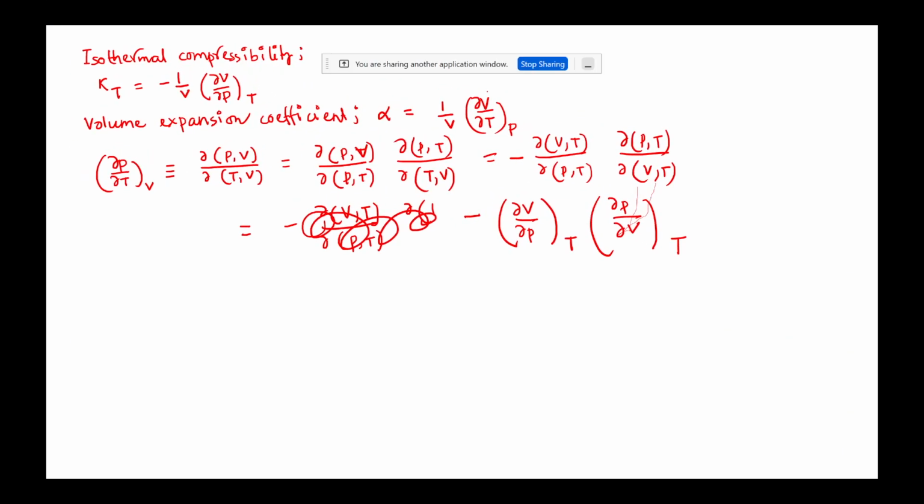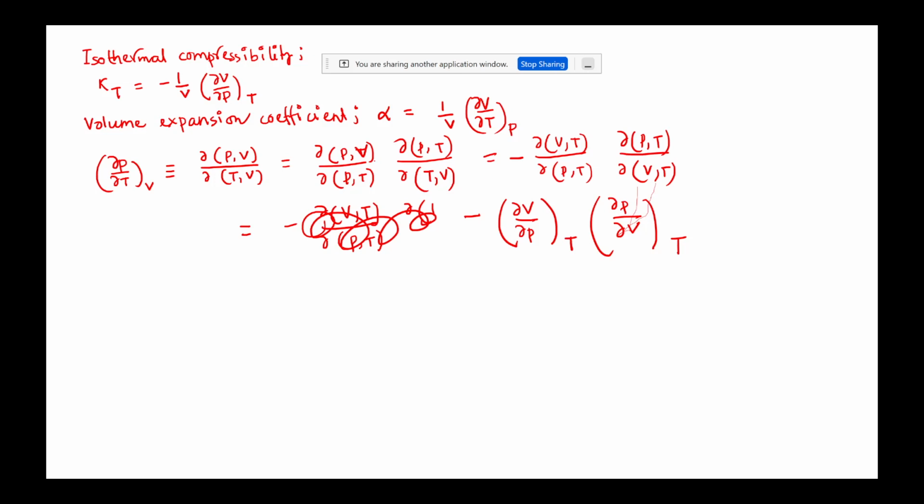Okay, so now we will add these two things there again. Did I do some mistakes? Del P del V T, del V del T P. No, there is one mistake. So this is P V, right?